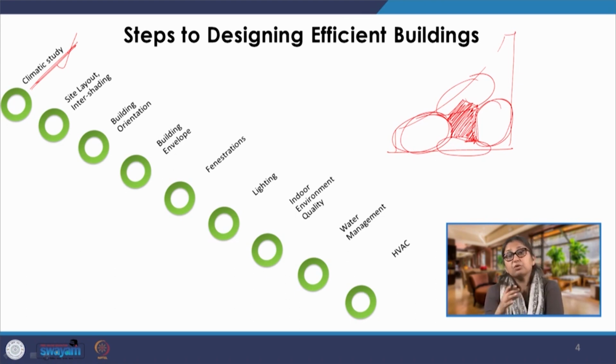Unfortunately, if you look at buildings worldwide, if you look at buildings in India, we can't differentiate between the buildings, because we respond to different climates in the same manner. India has 5 climatic zones: hot and dry, composite, warm and humid, cold, and moderate. If you look at commercial buildings in each of these regions, you will see the same type of buildings coming up, those similar-looking glass and steel buildings.